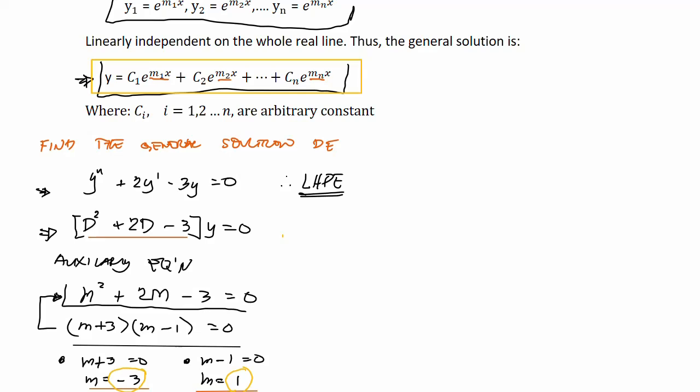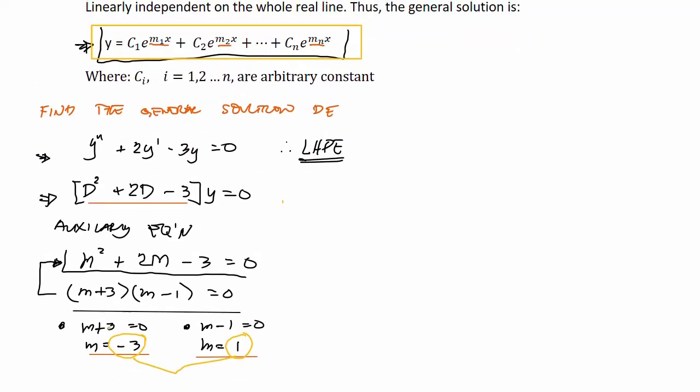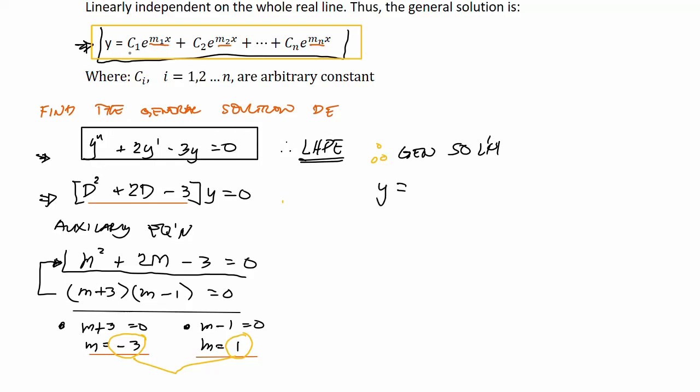Now, using our answers, root 1 as negative 3 and root 2 equal to 1, we can say that the general solution for this given differential equation is y is equal to our first arbitrary constant c1 times e raised to our first distinct root, negative 3, times the variable x, plus c sub 2 e raised to our next root, 1, so 1x or just x.